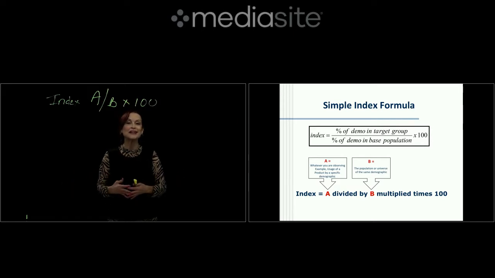MRI Simmons is a syndicated research company, and one of their standard reports is called the Survey of the American Consumer. This study reports on the products consumers buy, the brands they prefer, their lifestyle, their attitudes, and media preferences.